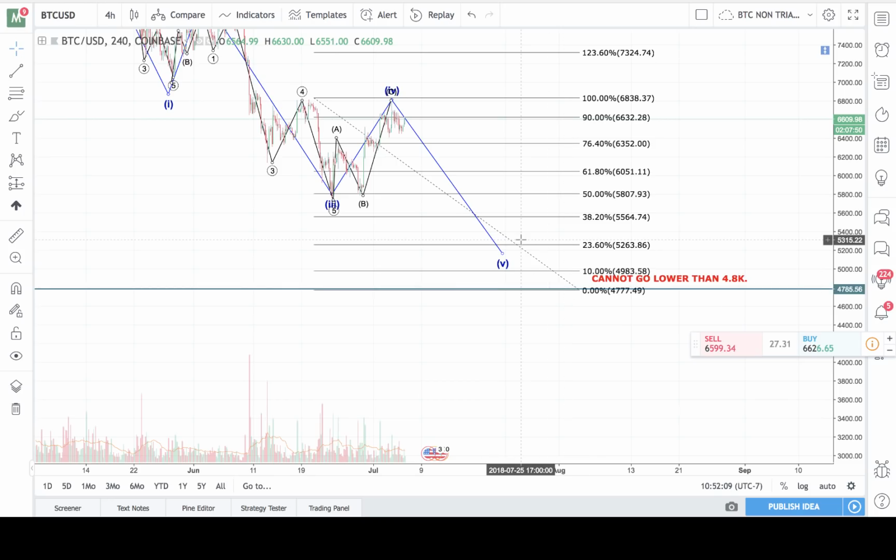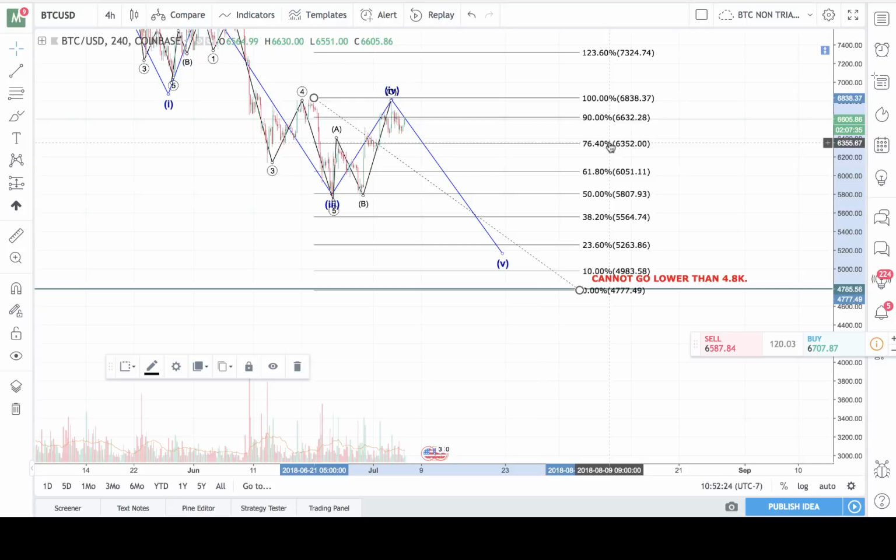So if the second count is correct, the lowest we can go is 4.8. If the first bearish wave count is correct, the lowest you can go is 5.2. But the point is that 4.8 is the absolute lowest, I think, for this next leg down.